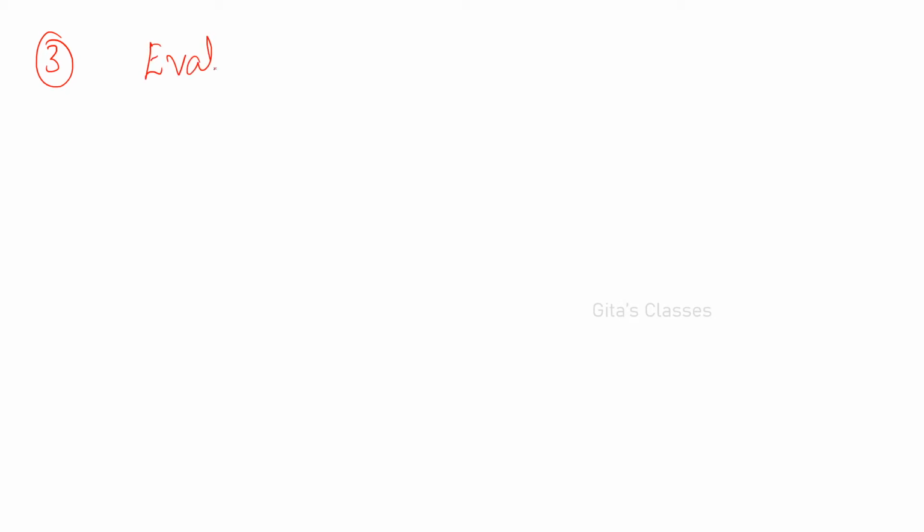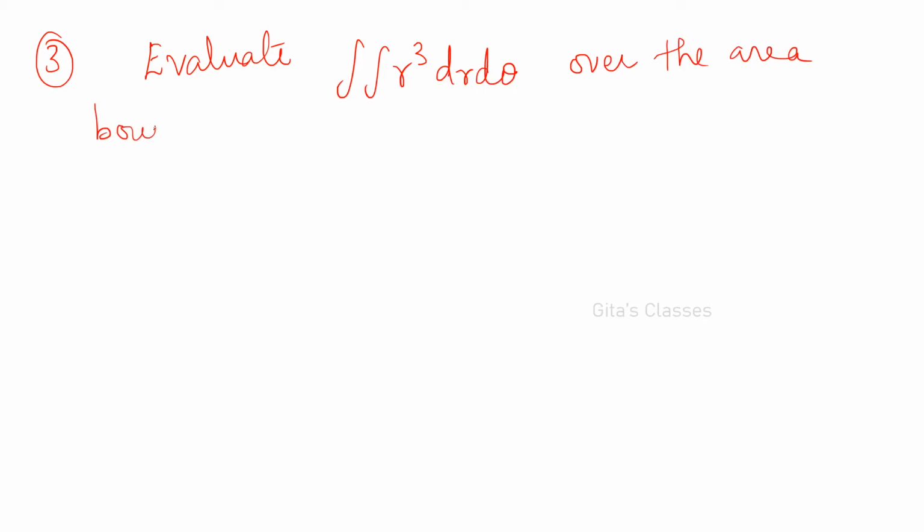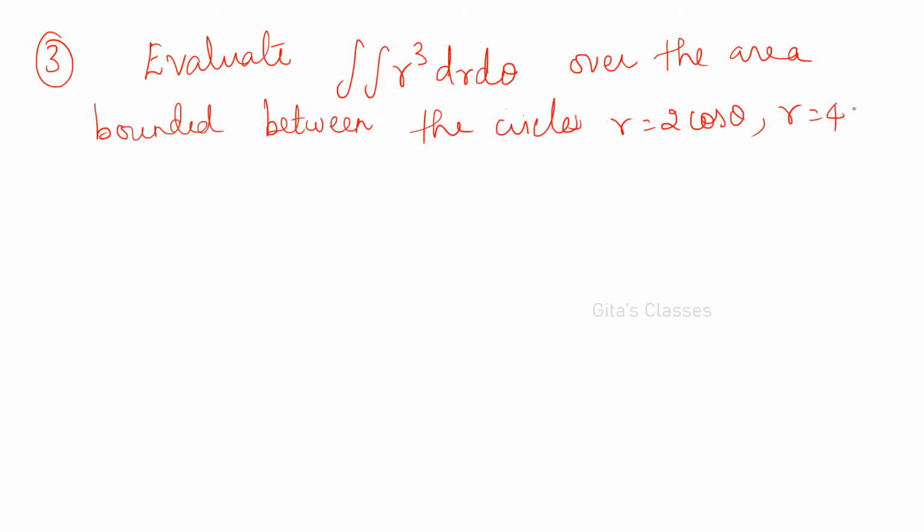Evaluate double integral r cube into dr d theta over the area bounded between the circles r is equal to 2 cos theta and r is equal to 4 cos theta.